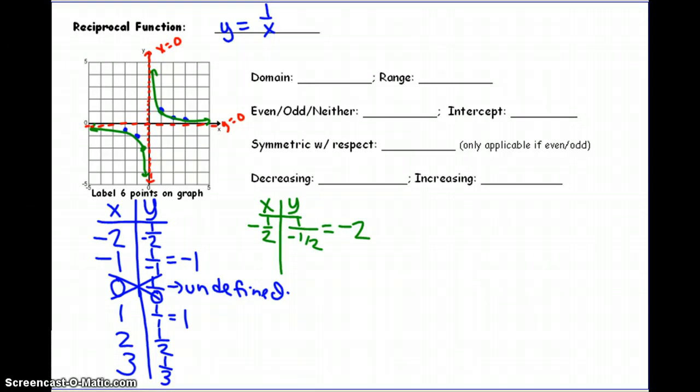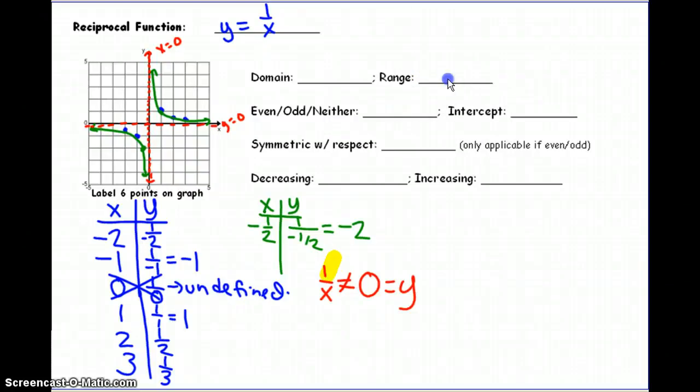The reason why it will never touch the line y equals 0 is it doesn't matter what value you plug in for x, your function will never equal 0. Because the numerator is staying a constant of 1, what makes a fraction 0 is when you have 0 in the numerator, which can't happen because that 1 is up there.